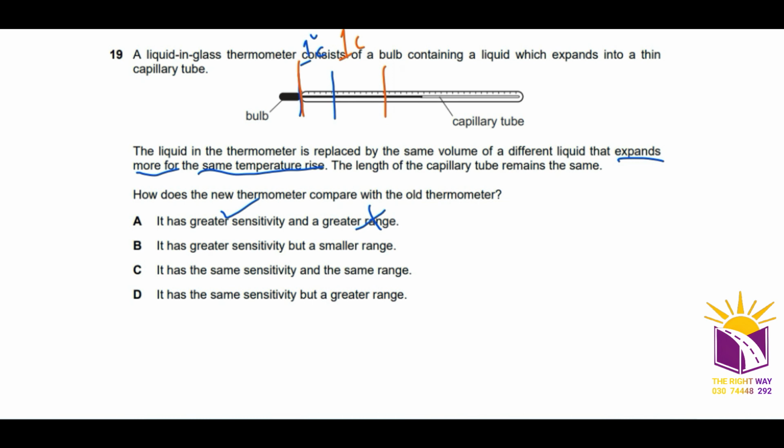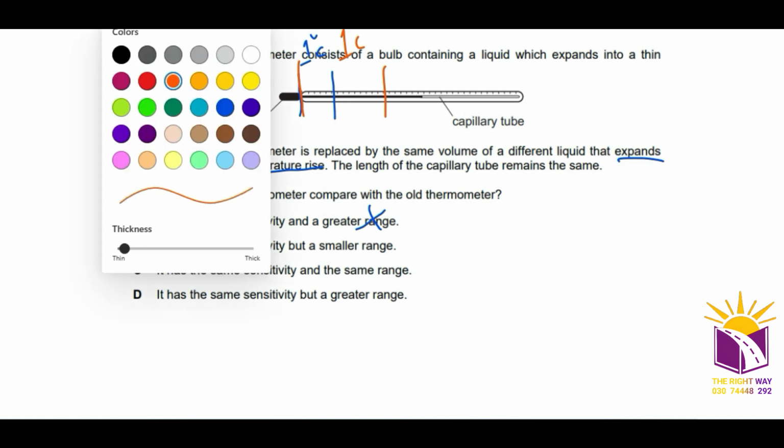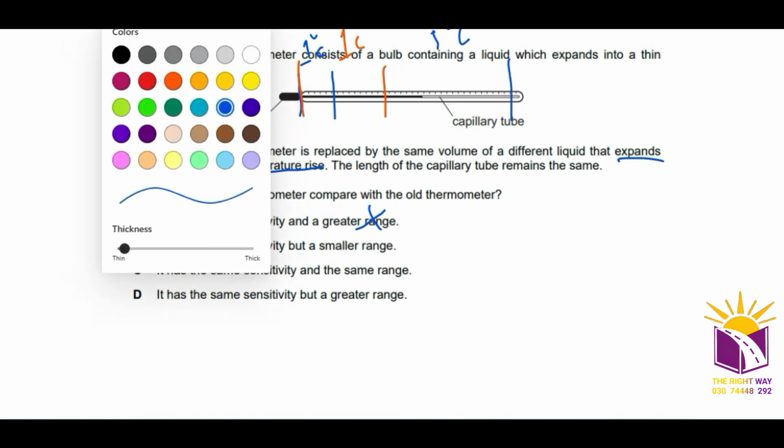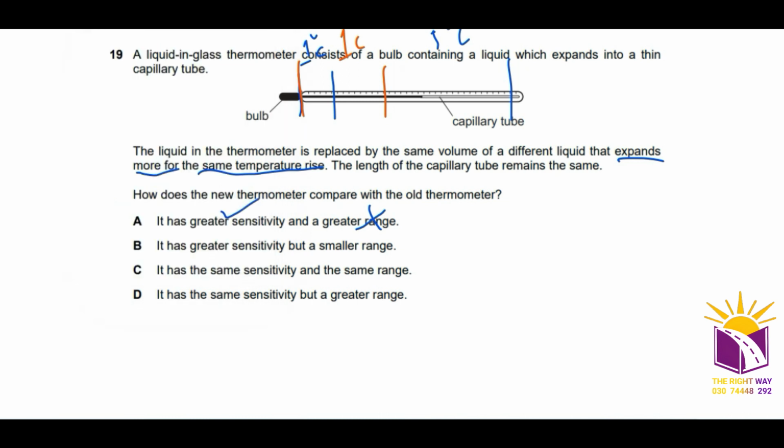So if our previous thermometer give a total of 5 degrees centigrade, then our second will give only 3 degrees centigrade, not 5 degrees centigrade. So it is greater sensitive and smaller range. So B is the right answer.